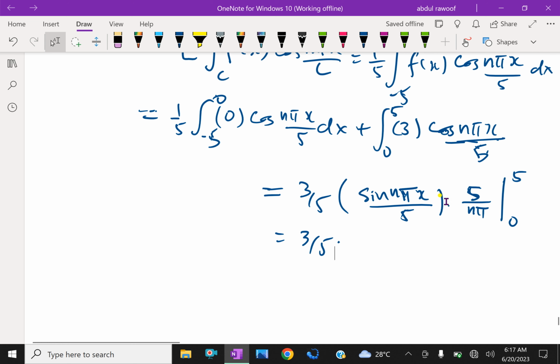So sine n pi is 0 and sine 0 is 0, therefore it is completely 0 for 3 over 5.